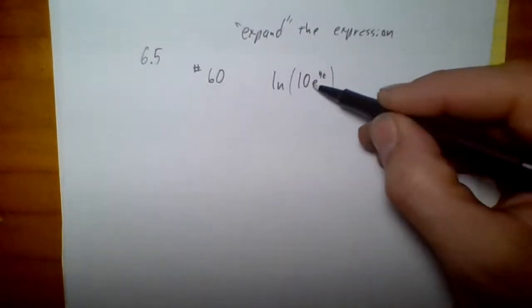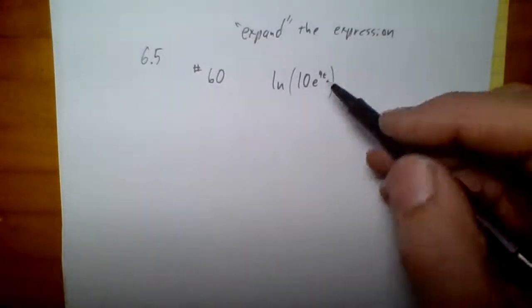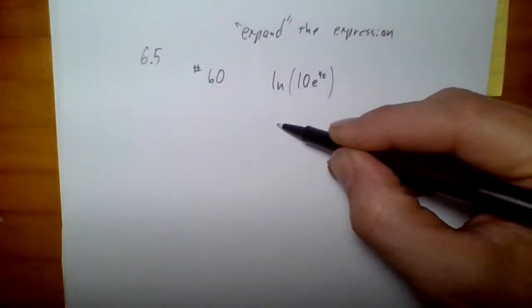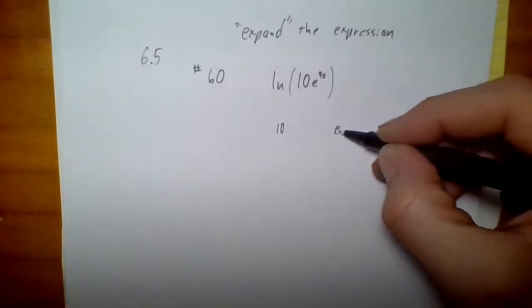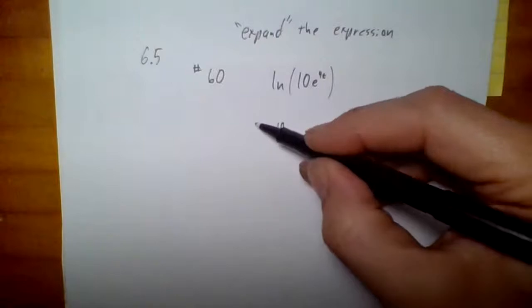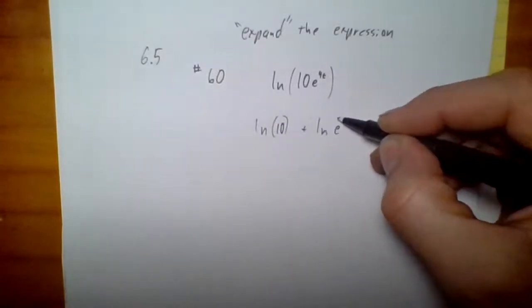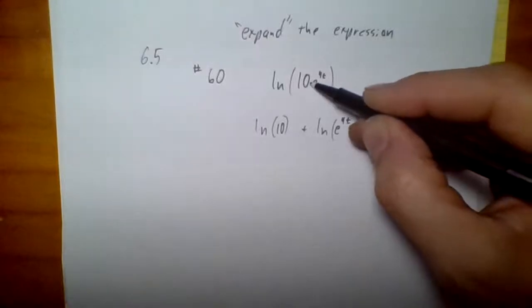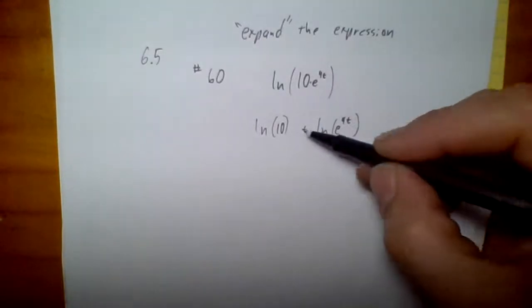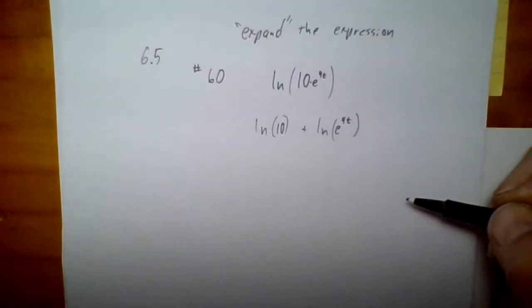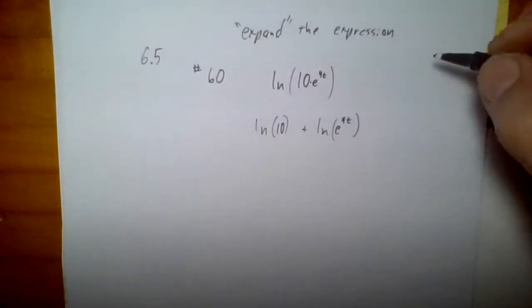Whenever two things are multiplied inside of that logarithm, we can take it apart into the two pieces here, the 10 piece and the e to the 4t piece. And it's the natural log of this one plus the natural log of this one. So anytime there's multiplication in here, it becomes addition when you expand it or break it apart.